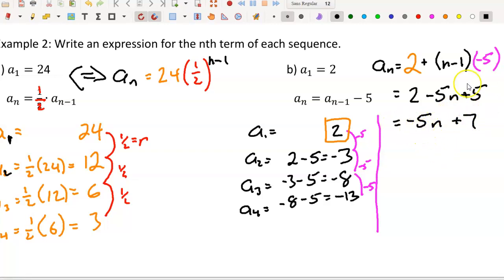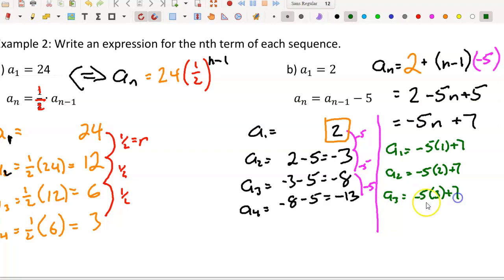And again, once you have it, you can verify it actually works, right? So do the same thing you did on your homework last night. Now plug in 1. You do -5 times 1 plus 7. Right? Plug in 2. -5 times 2 plus 7. Plug in 3. -5 times 3 plus 7. And so on.